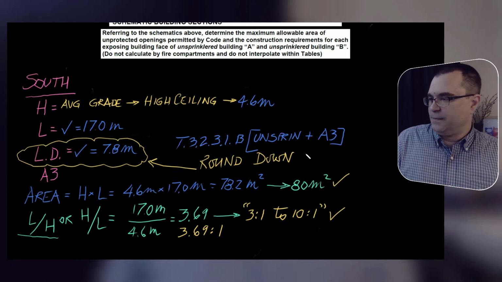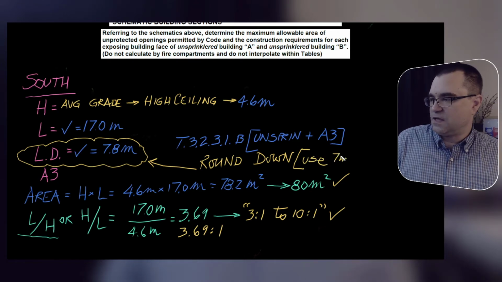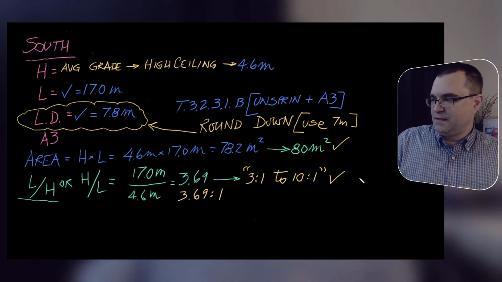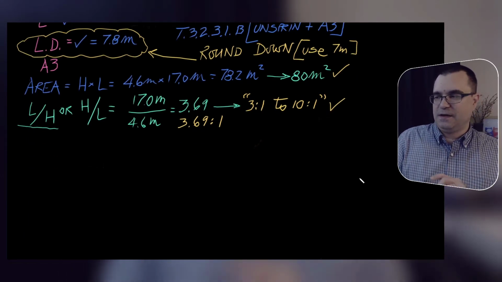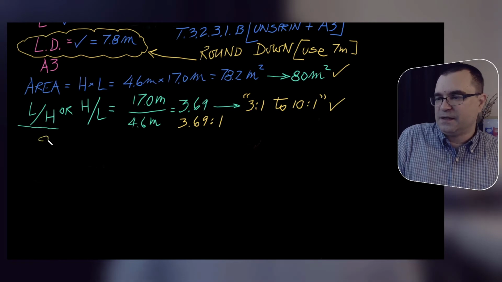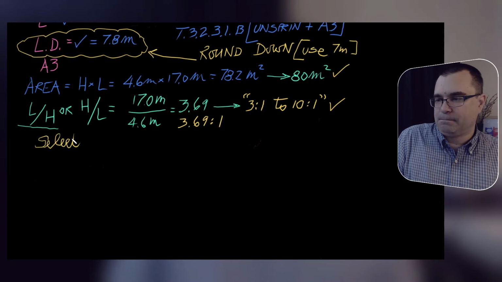So again, for the limiting distance, in the table we use 7 meters. Okay. Then, in the table itself, I'm going to write, select percent area equal to 52%.